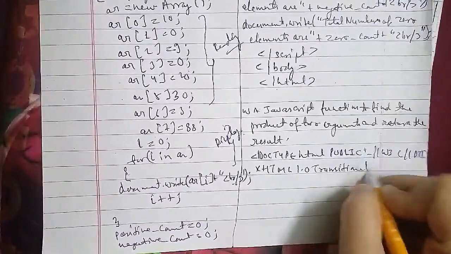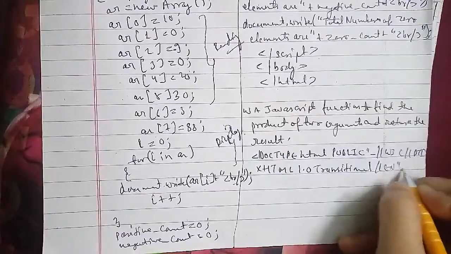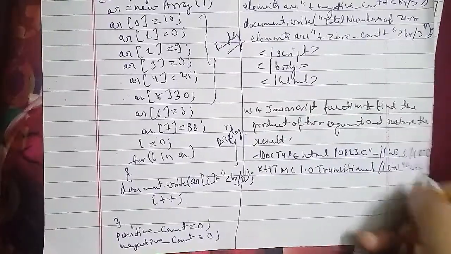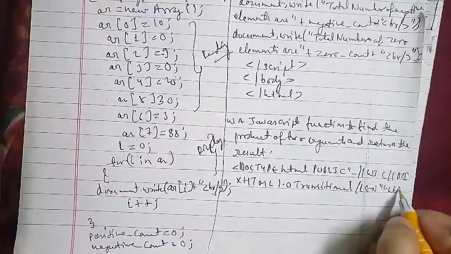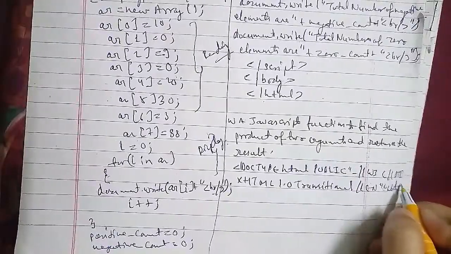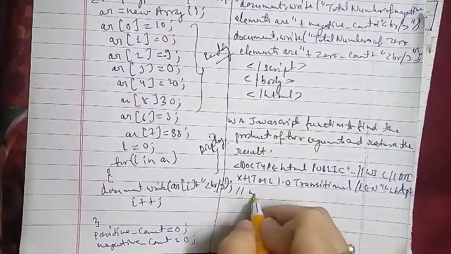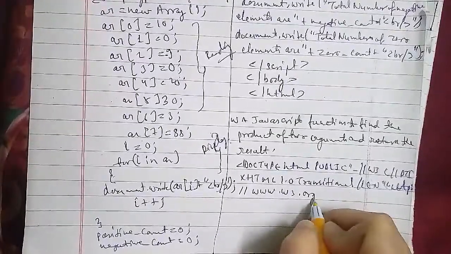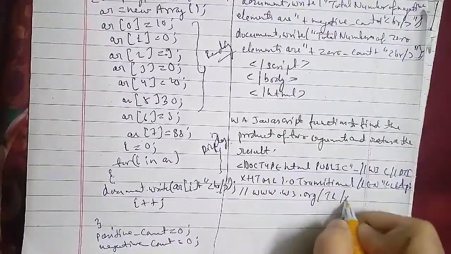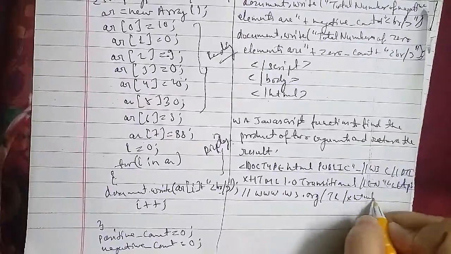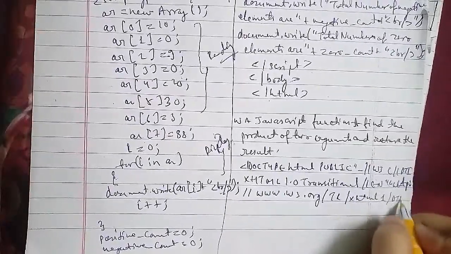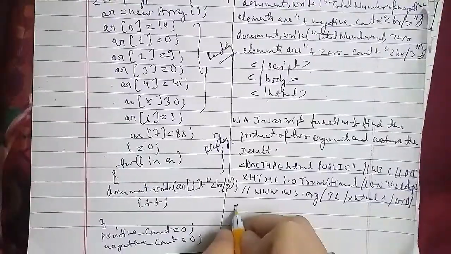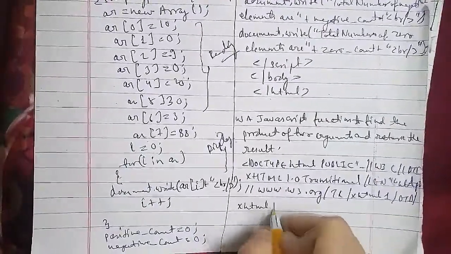Now for HTML, xmlns equals http://www.w3.org/1999/xhtml. Then start with the head section.